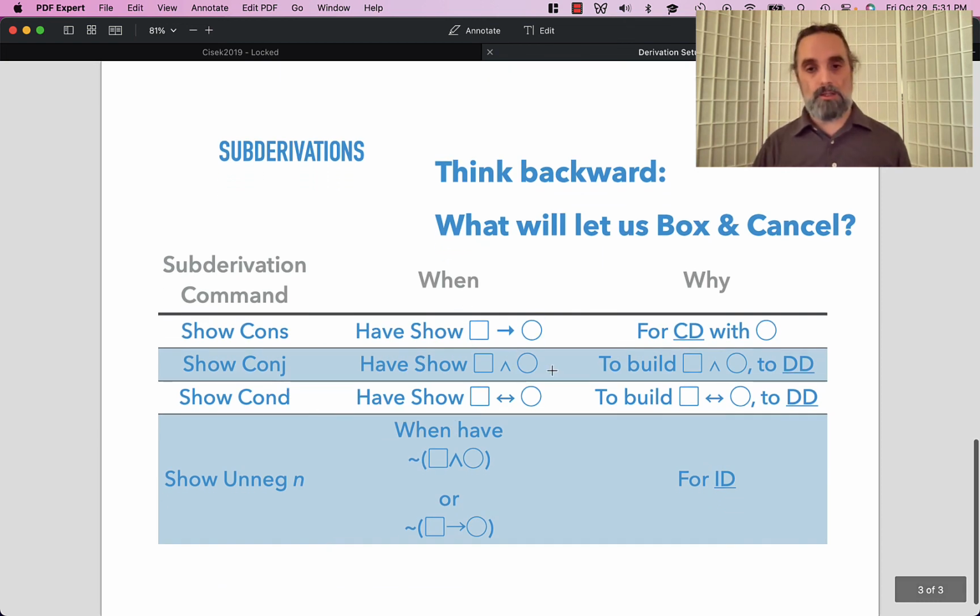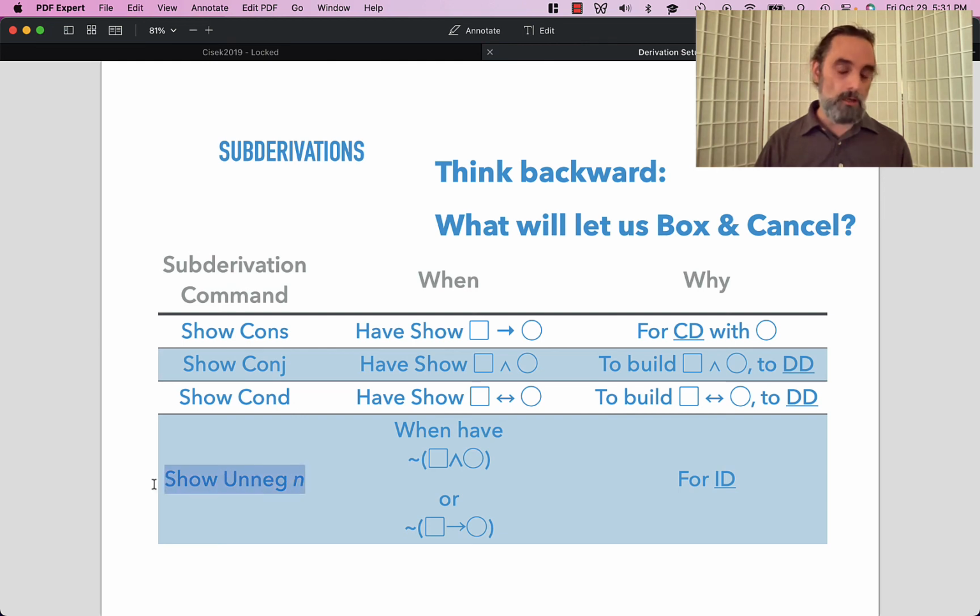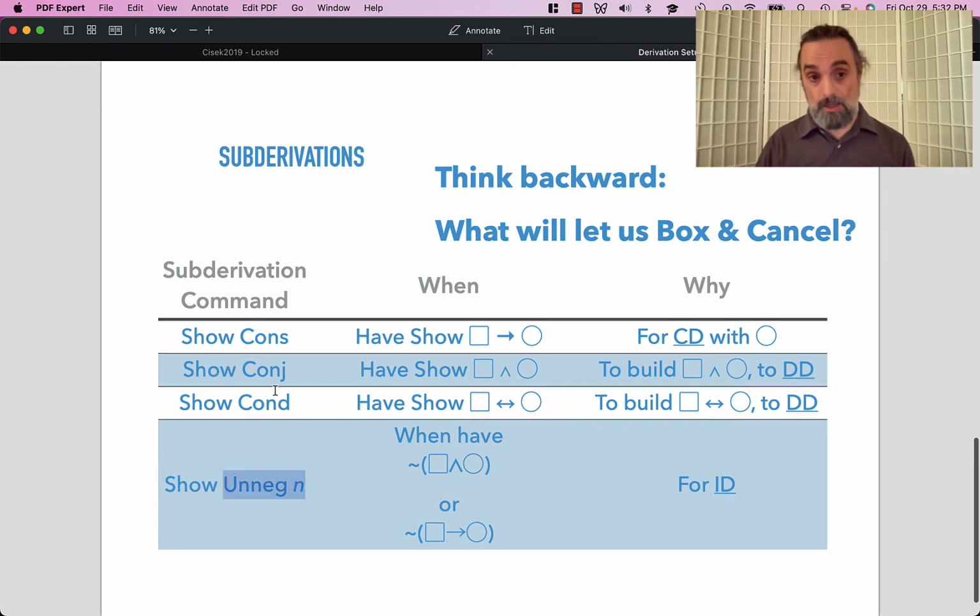If you're not in a situation where any of these apply, if you're not trying to show a conditional, a conjunction, or a biconditional, then you want to think about doing show unneg, because at that point you will probably instead have the negation of a conjunction or the negation of a conditional, or as we will see, the negation of a biconditional. But when we're thinking about which subderivation to do, the priority is the first three, and only do show unneg if none of these strategies apply.